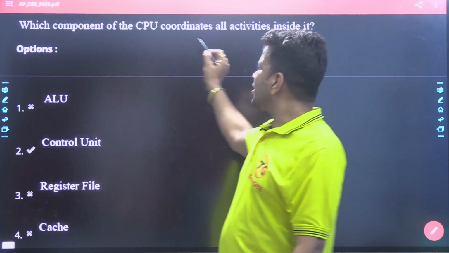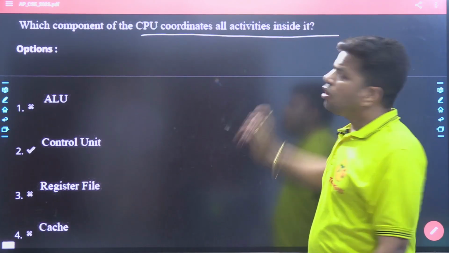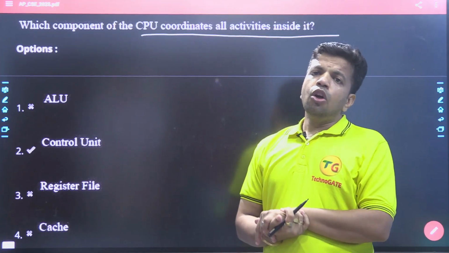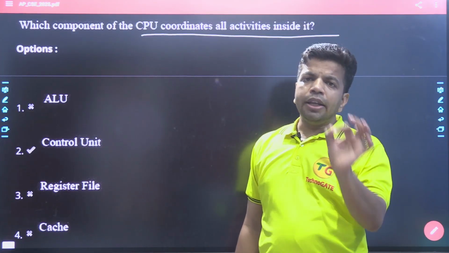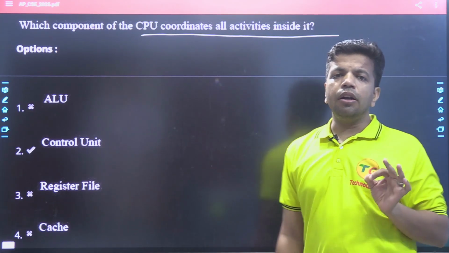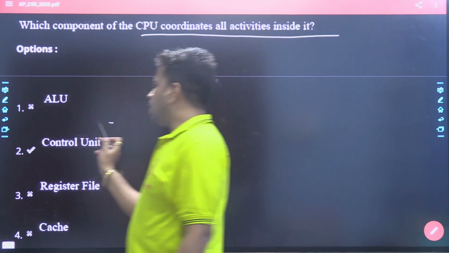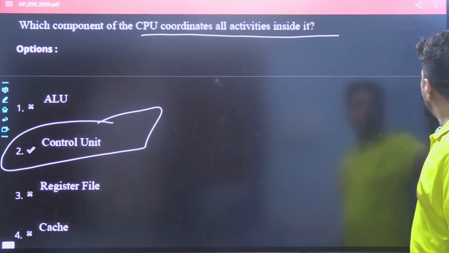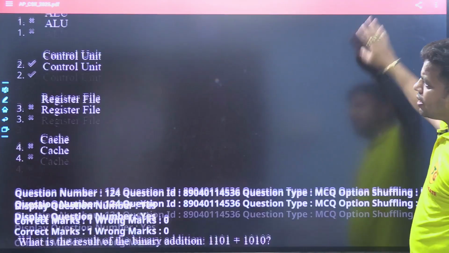They are asking you about the coordination. So all the activity inside the CPU is coordinated by the control unit. You can go with the answer number 2, control unit. Okay, let's move to the next one.